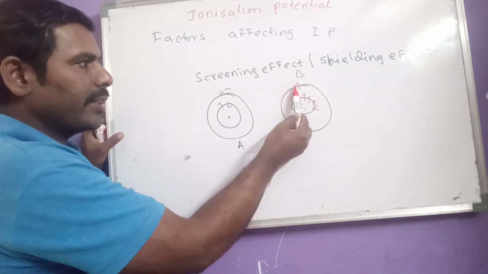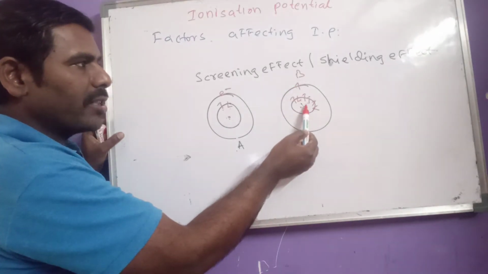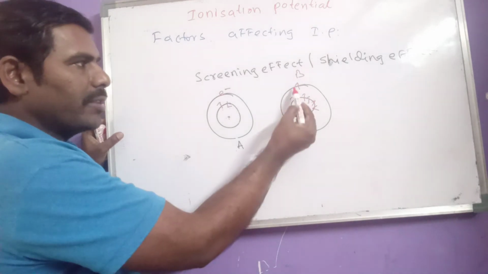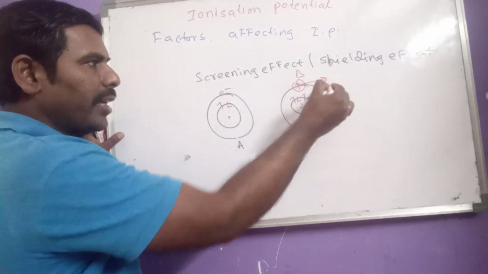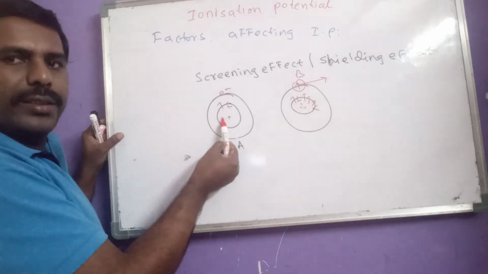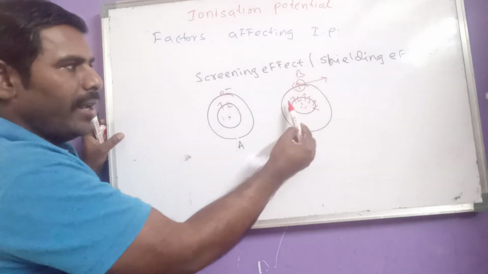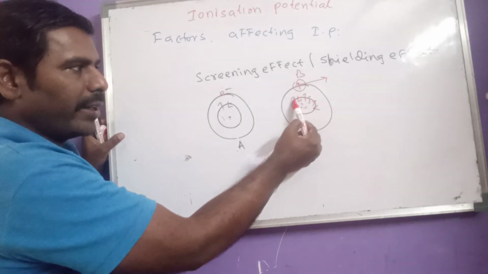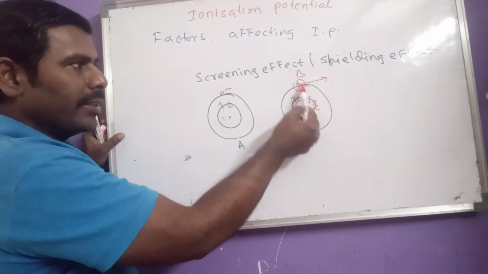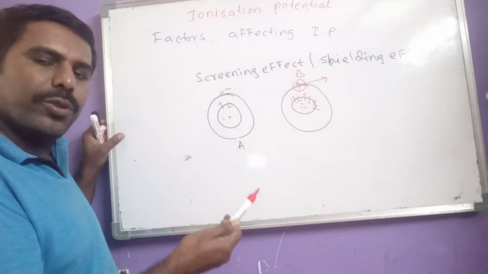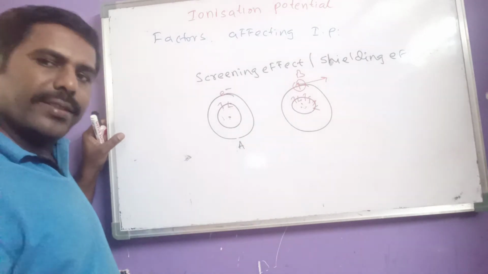That means nuclear attraction is less on the outermost electron, so we can remove this electron more easily compared with the electron of atom A. As the screening effect increases, the energy required to remove the outermost electron decreases.